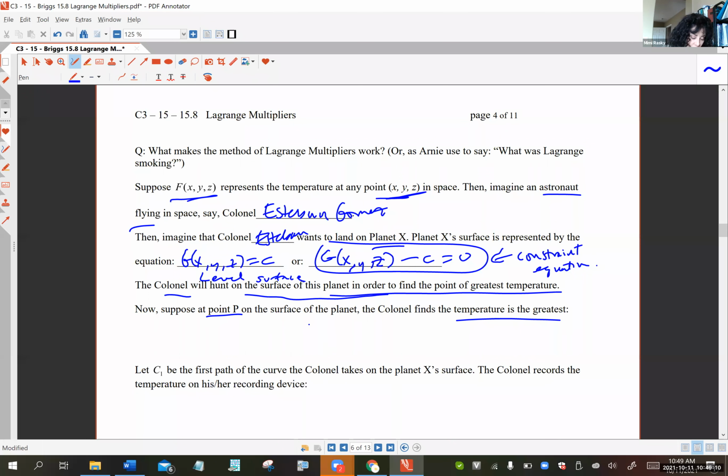He has his little recording device with temp on the vertical axis and T for time on the horizontal axis. As he's cruising along, boom, he gets a max temp, and if he goes away from that point, it gets cooler. So right there is the point P, max temperature.